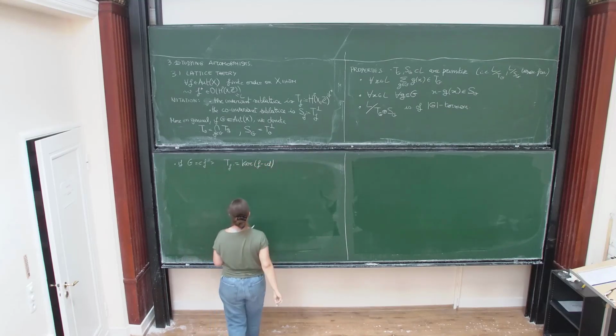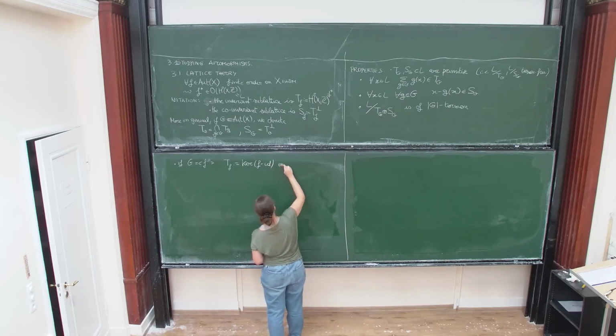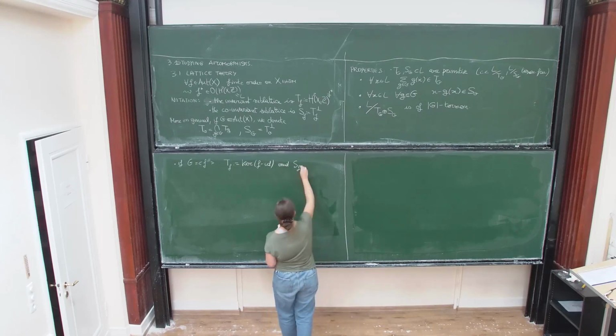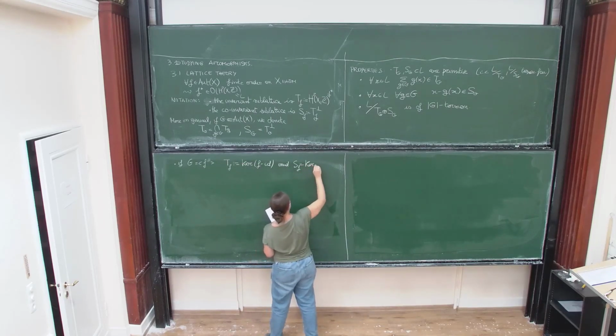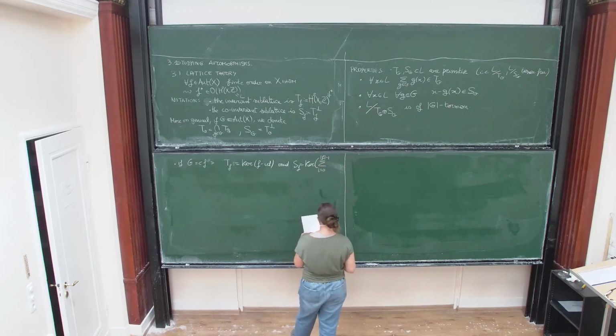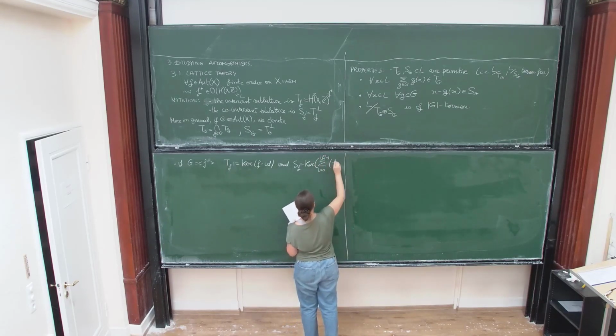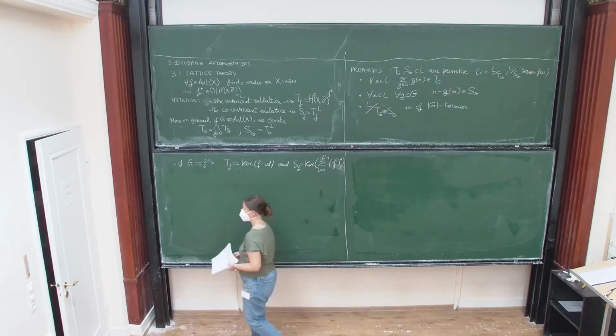It's clear that this one is the kernel of f minus the identity, and this one is the kernel of this.